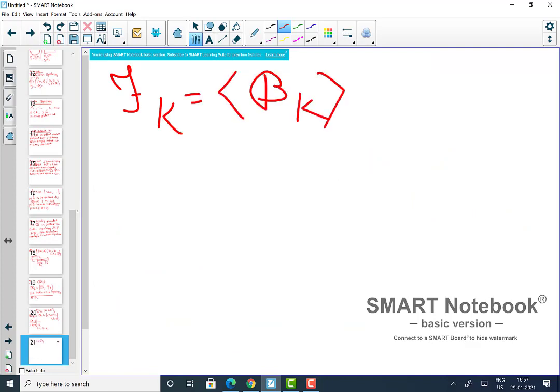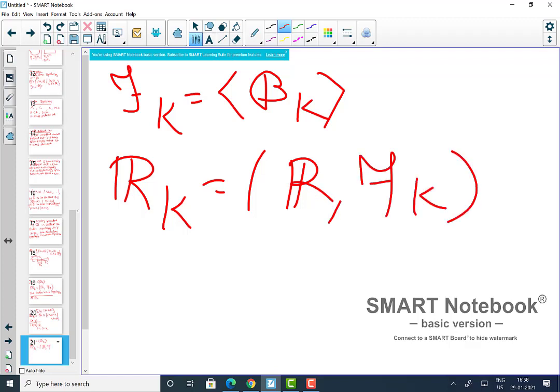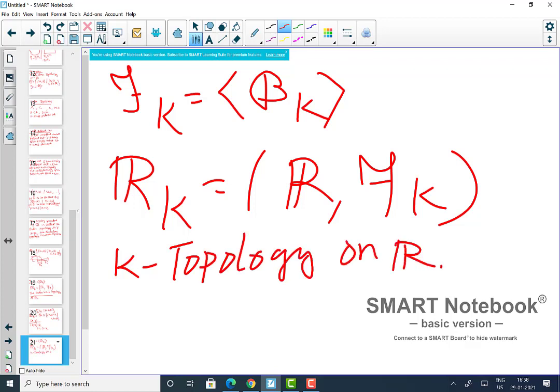Okay, and then you write down your RK, which is your real numbers with this topology tau K. So this is another topology, and this topology is called the K topology on R. Now the natural question one can ask is, out of these three topologies, are there any relations?